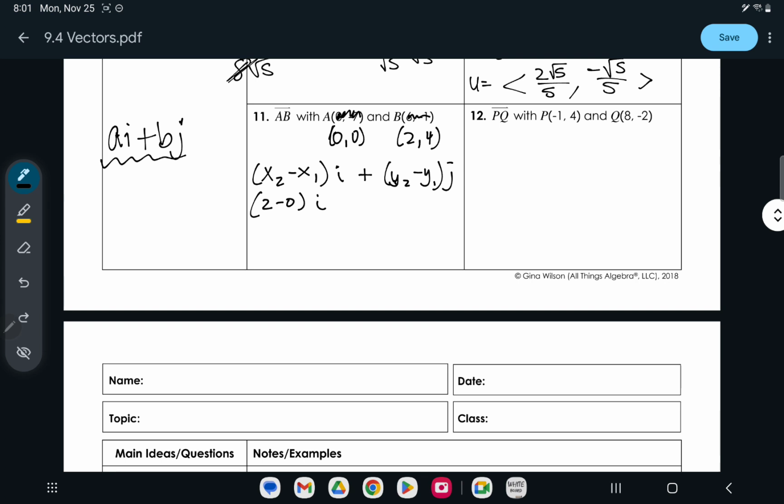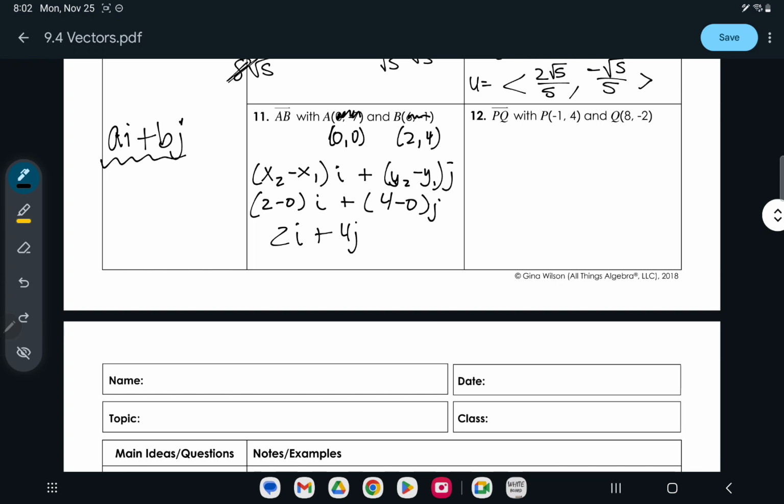And then the difference in the y's is 4 minus 0, which gives just 4. So we get, oh, it's literally just, sorry, I'm stepping through the homework as I'm doing this, 2i plus 4j. Yep.